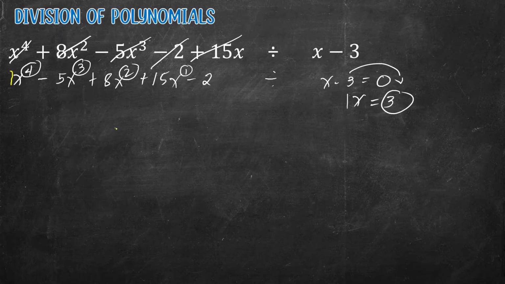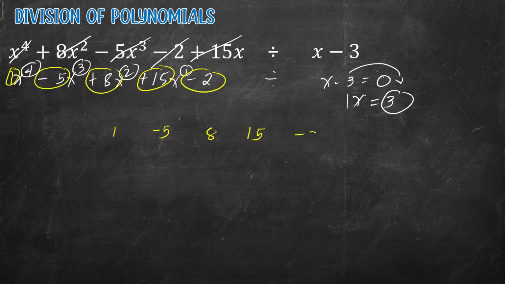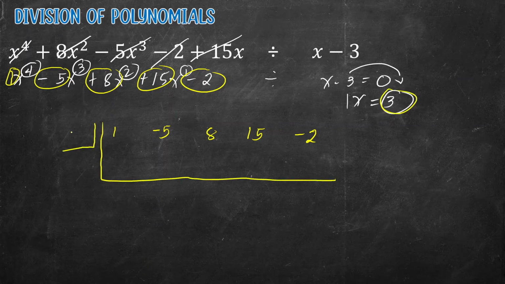So, we have 1, negative 5, positive 8, positive 15, and then negative 2. Then afterwards, semi-box, lagay natin dito sa labas si 3.